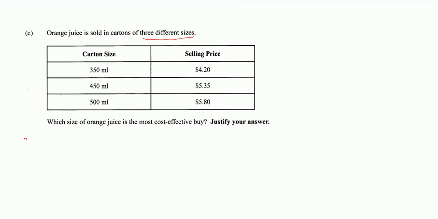So 350 milliliters has a selling price of $4.20. Right?